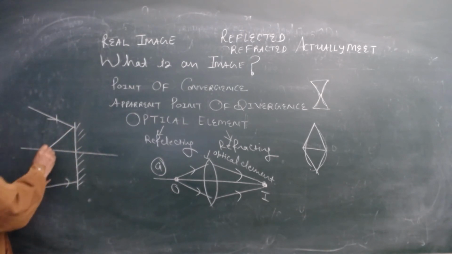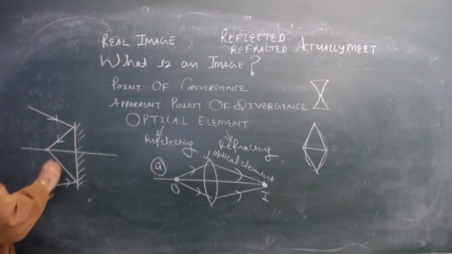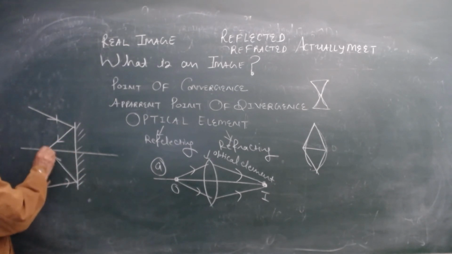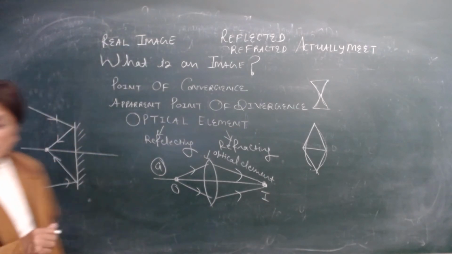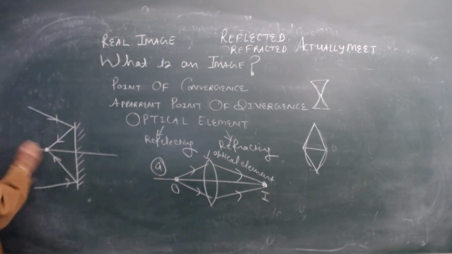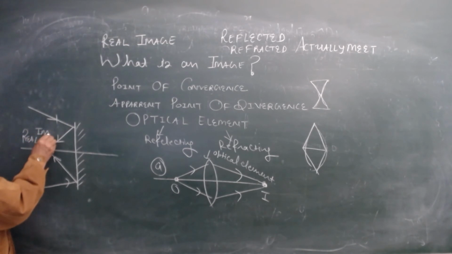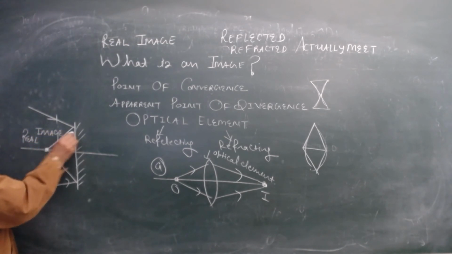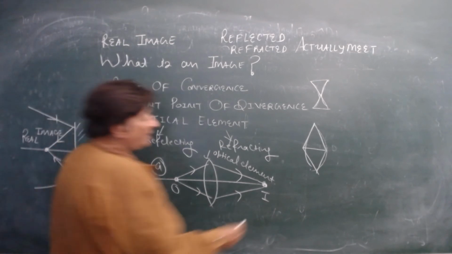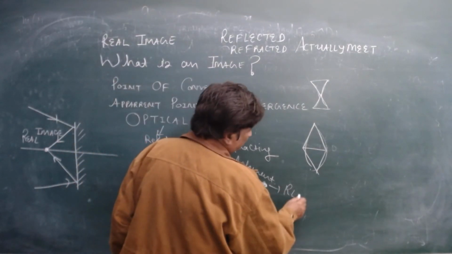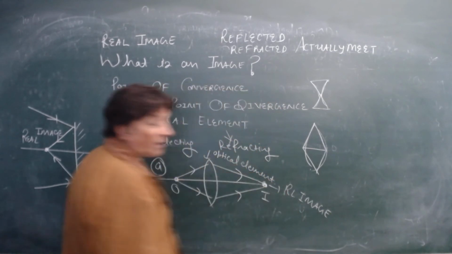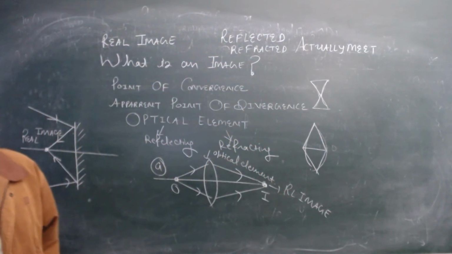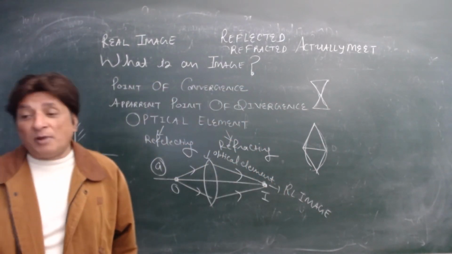They get reflected and they meet here. So this is a real image. I have written RL, real image. This is a real image.